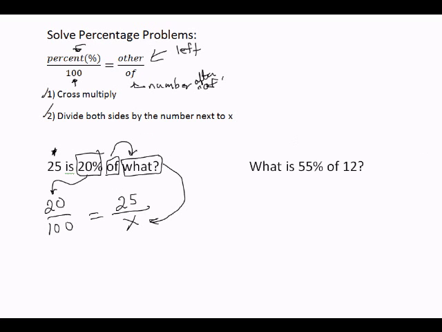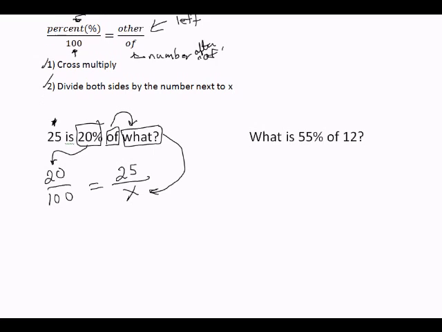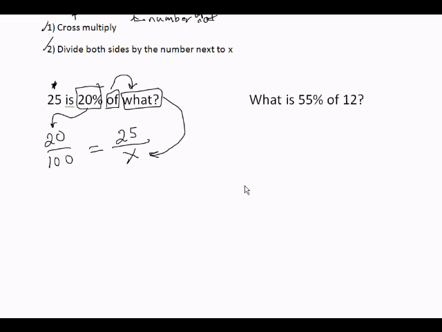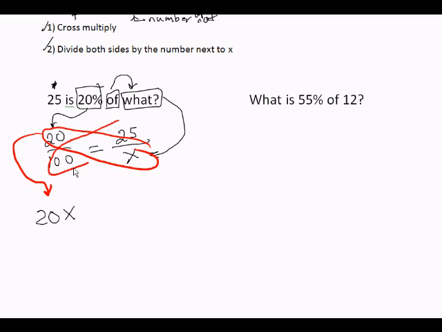So once we have it in this form, we're going to cross multiply. Let's do that. 20 times x is 20x. And 100 times 25 is 2,500.